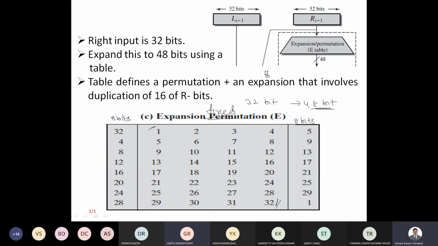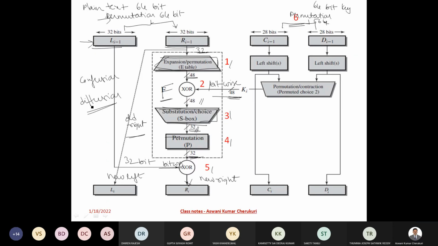No, sir. What is the next process? What is the second step?